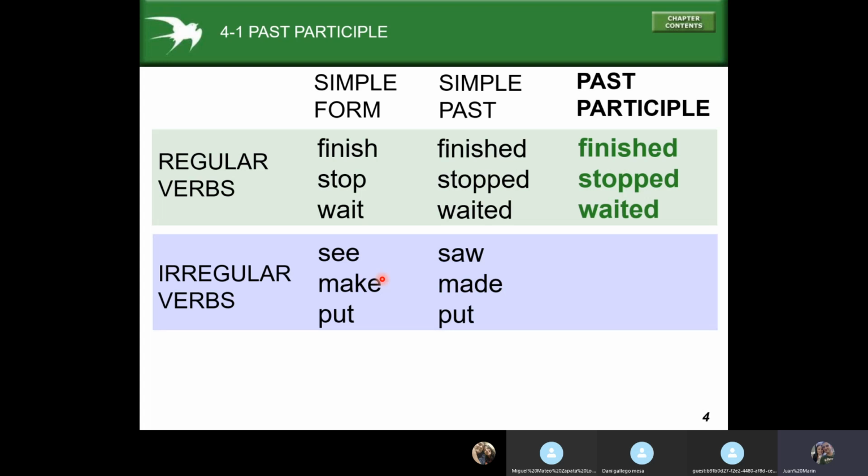Okay, what are the past participles of these verbs? The past participle of see: seen. Very good. For make and put, we have made and put.